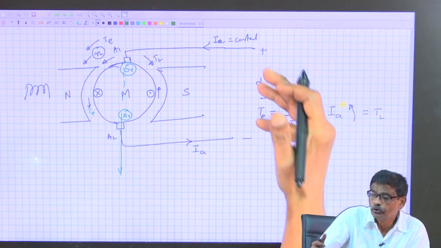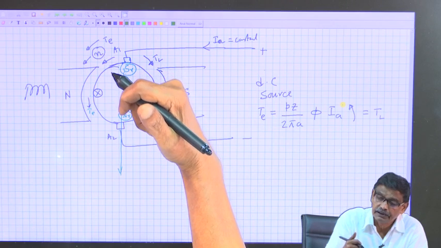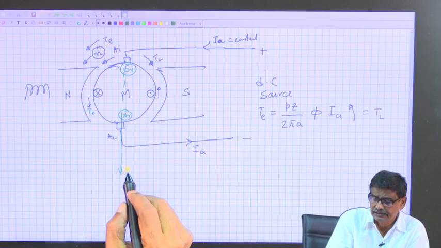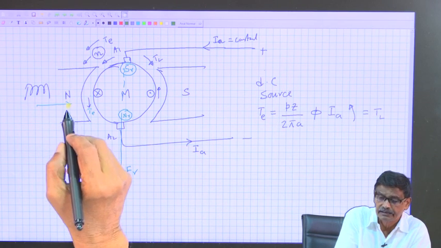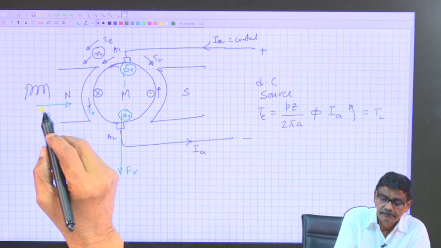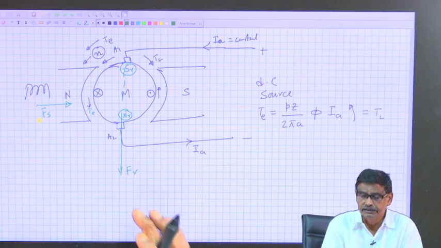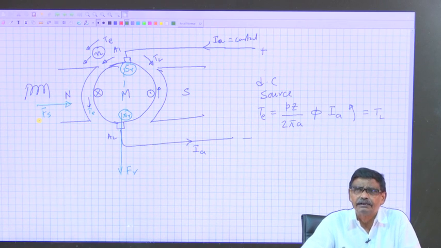So, in motor mode, you connect a DC source and pump current into the armature. Another point: this is the direction of the rotor field and this is the direction of the stator field, they are in quadrature. Another good thing is that in a DC machine, armature and field are practically decoupled.